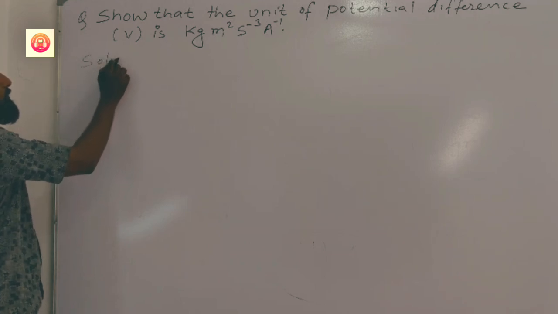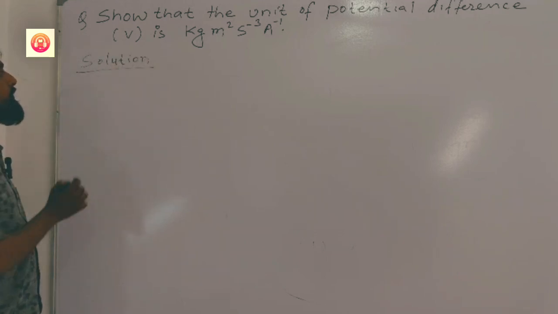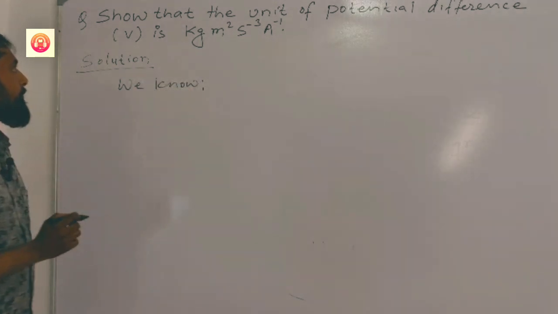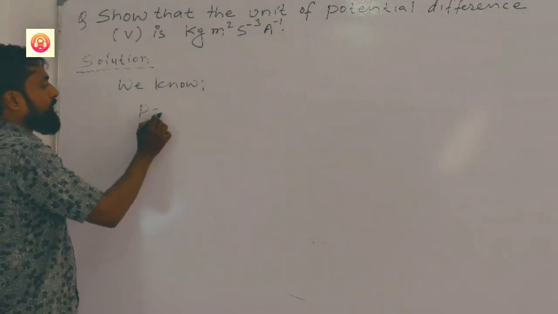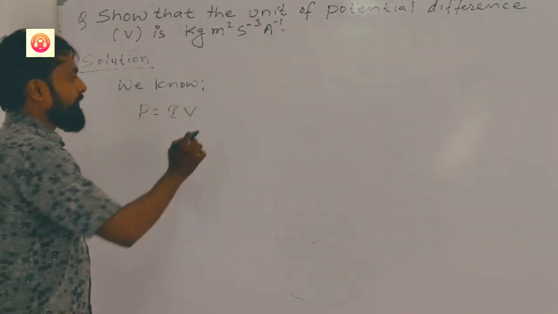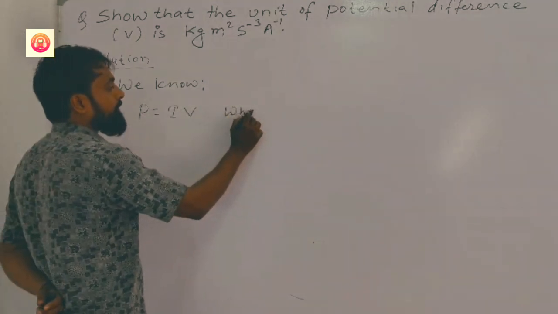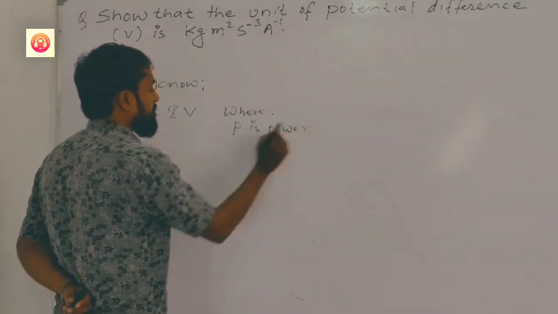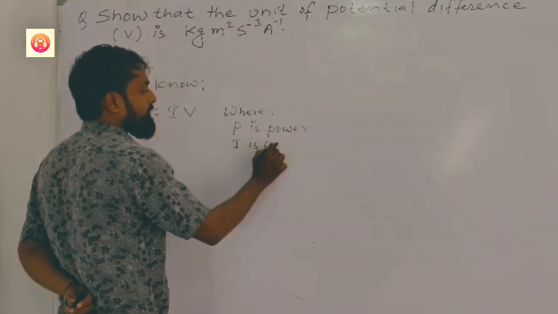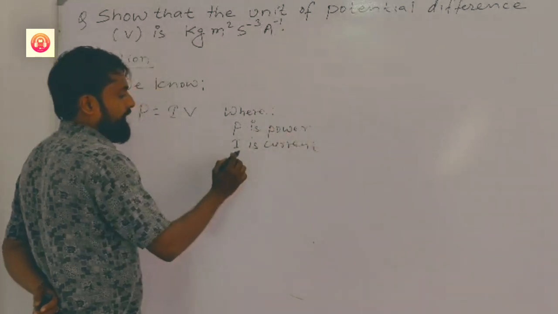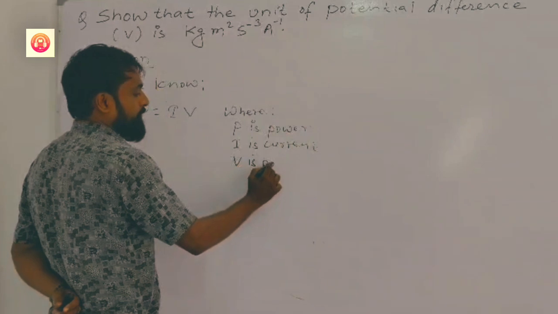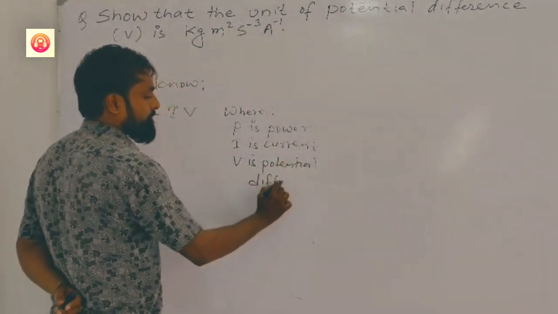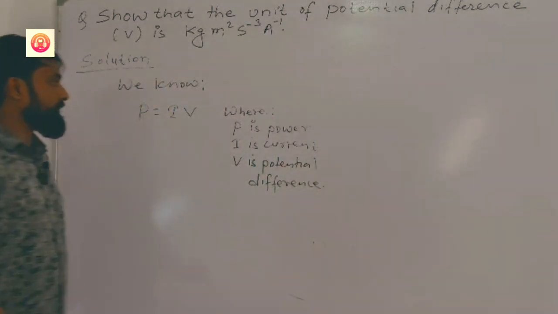First, solution, we know P equals I into V, where P is power, I is current, and V is potential difference.